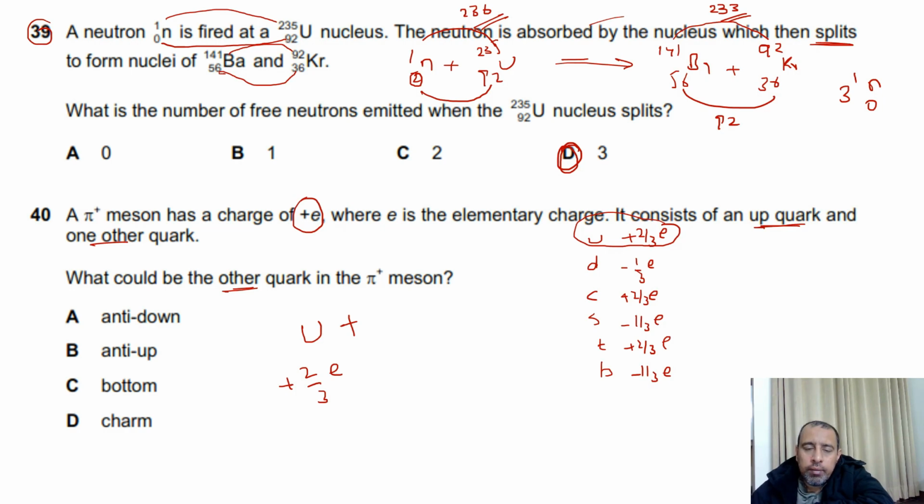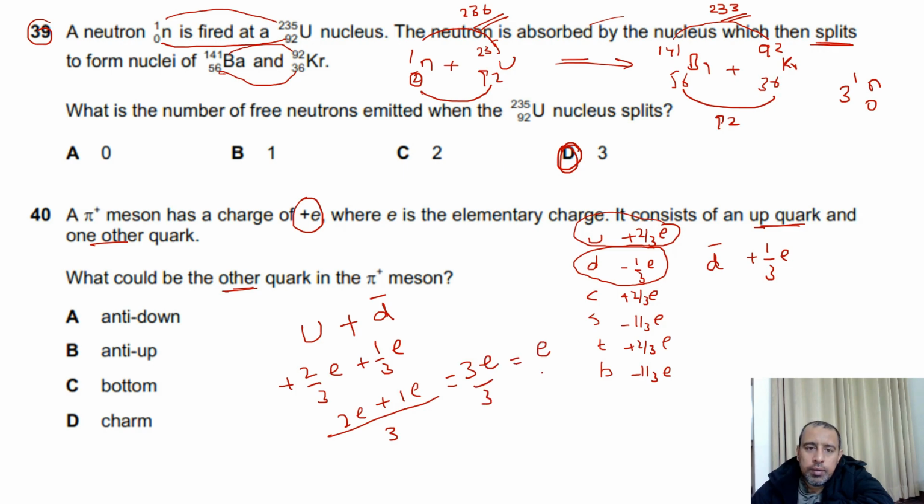So we need the anti-quark; the anti-quark of down is plus 1 by 3e. Then by taking the LCM, it's 2e plus 1e, means 3e by e is equal to plus 3. That's why we can have this net charge. It means this is the correct answer. Anti-down is required, option A.